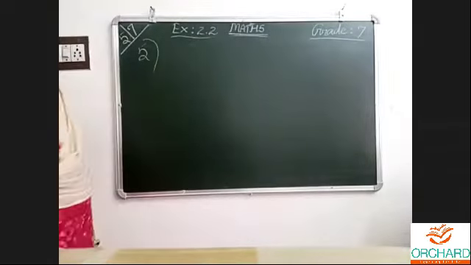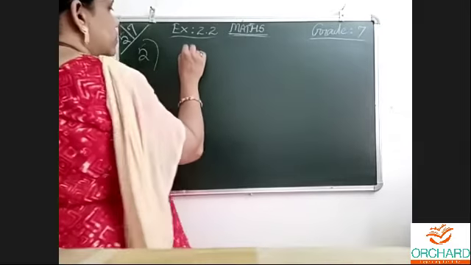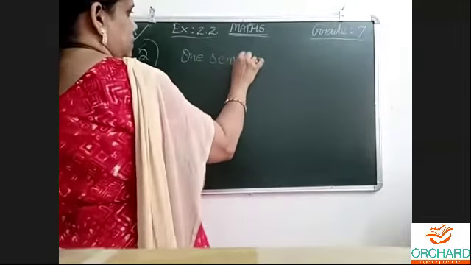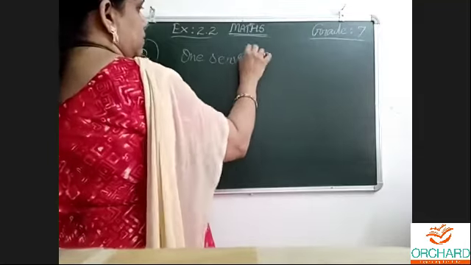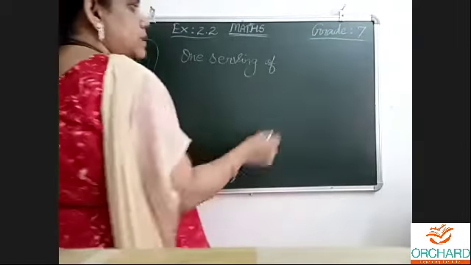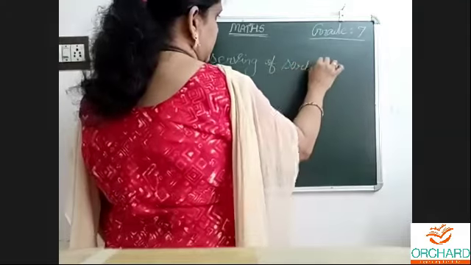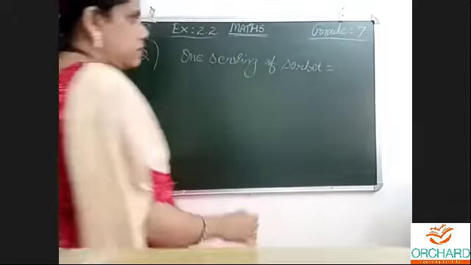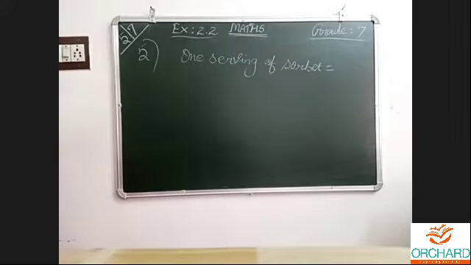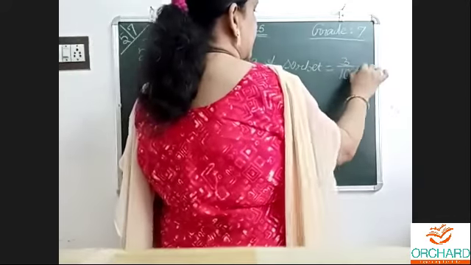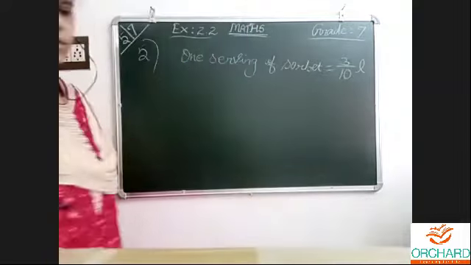Just simple steps. Now, 1 serving, like ice cream it is, or sorbet. One serving of a sorbet is 3 by 10 of a liter. Fraction chapter, everything will be in fractions only.